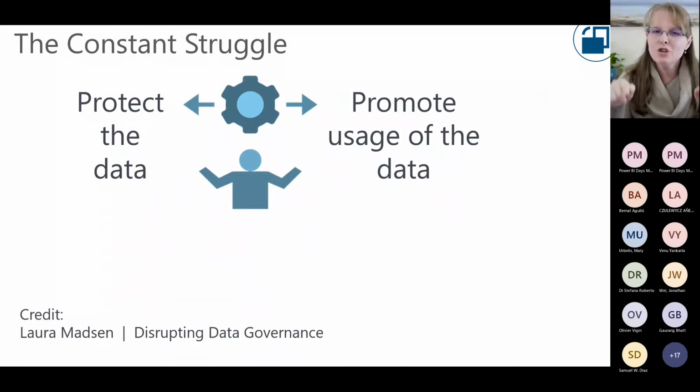But this struggle is very, very real. If you have maybe a system administrator whose natural tendency is to turn off as many things as possible because they're leaning so hard towards protecting the data, that's not necessarily wrong, but the question is, is it right?